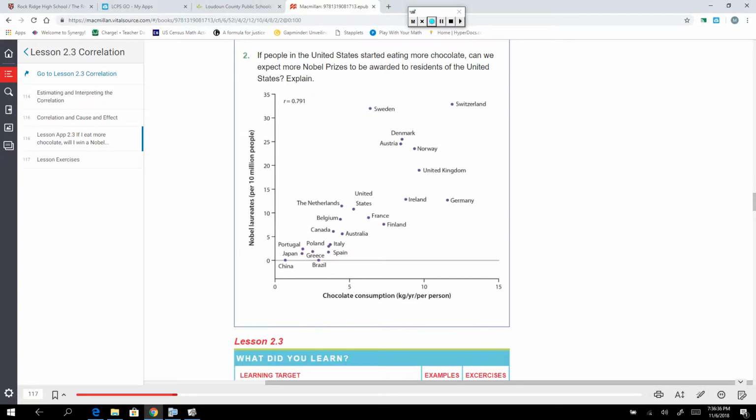The explanatory variable on this scatter plot is chocolate consumption in kilograms per year per person. And the response variable, Nobel laureates per 10 million people, is on the y-axis. And as you can see, it appears that there is a positive linear association between the data, with Switzerland up here on the top right.